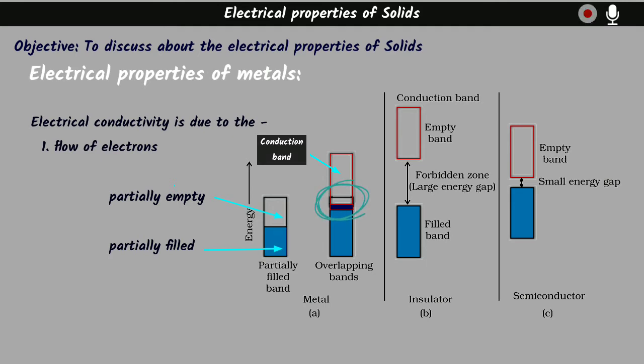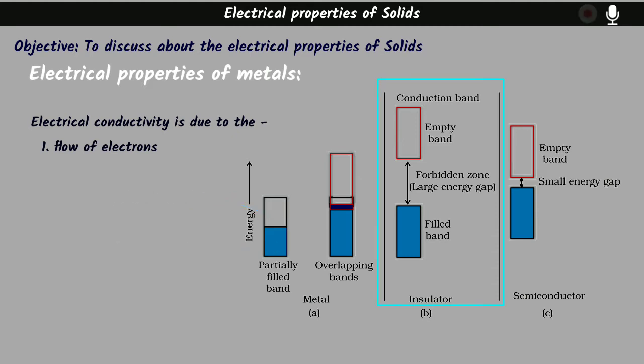The first is that the valence band should be partially filled by electrons. The second is that if the valence band is completely filled, it must overlap with the higher energy band, the conduction band, to conduct electricity. If either condition is fulfilled by that metal, then the electrons can flow easily.